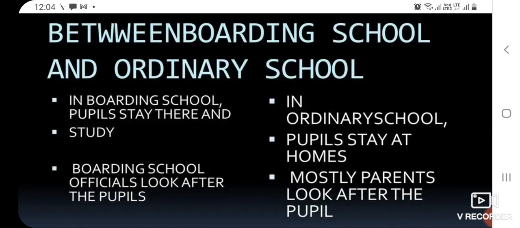In boarding school, pupils stay there and study. In ordinary school, pupils stay at homes. Boarding school officials look after the pupils. Pupils means students, children. Mostly parents look after the children or students in the normal or the ordinary school.